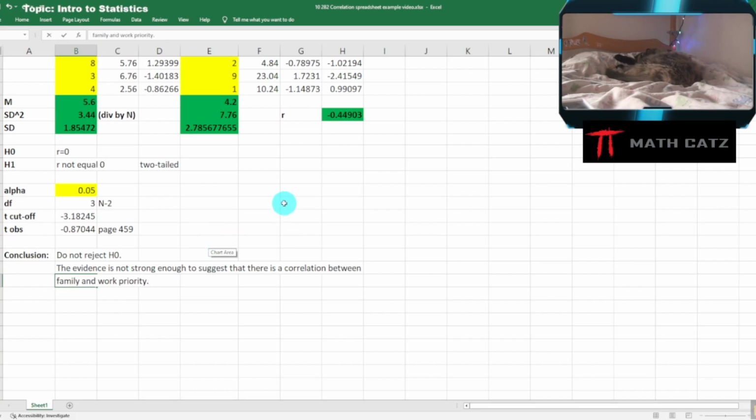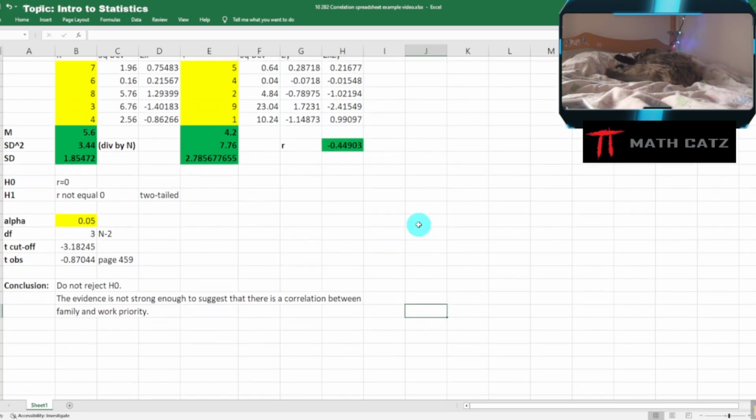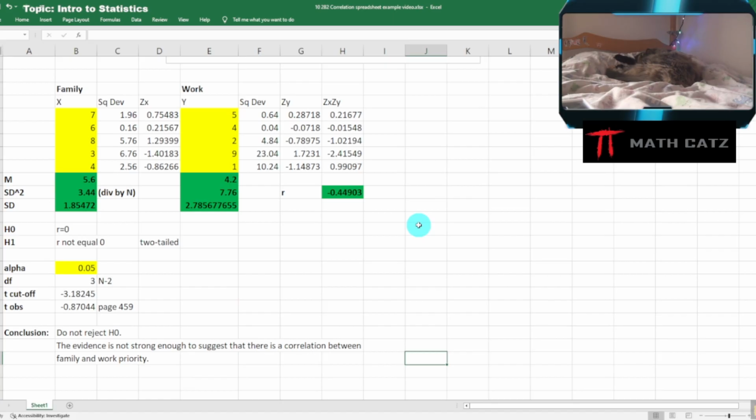Based on this evidence, I cannot make any sound conclusion because the correlation could be 0, and just because of natural variations in the people that I select, I could easily get this correlation coefficient. All right, so that wraps up our example.